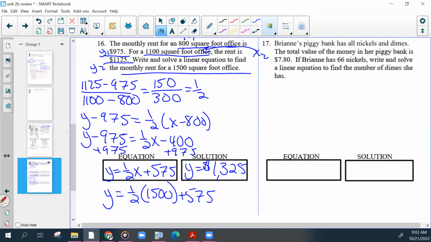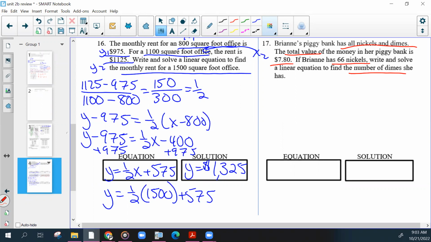Okay, and this one, this is similar to one we did the other day. So she has nickels and dimes. We know the total value, 780. She has 66 nickels. We have to find the number of dimes. So because it's comparing two different things, this is one you have to set up using your standard form, ax plus by equals c.